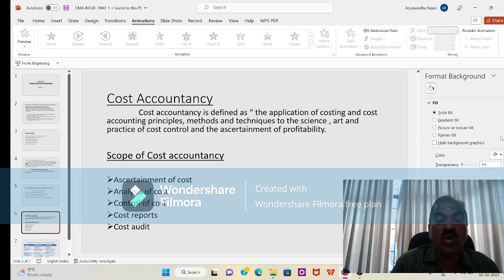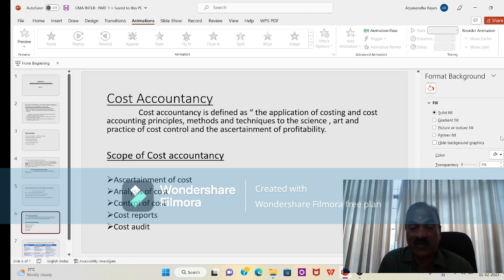Then the scope of cost accountancy. For what is cost accountancy adopted? What is the scope of cost accountancy? First is ascertainment of cost. Cost has to be ascertained, then only you can take decisions. Then analysis of cost. Cost should be analyzed, then only you can know whether it is controllable, where it can be reduced, or whether it cannot be controlled. Controllable and uncontrollable.